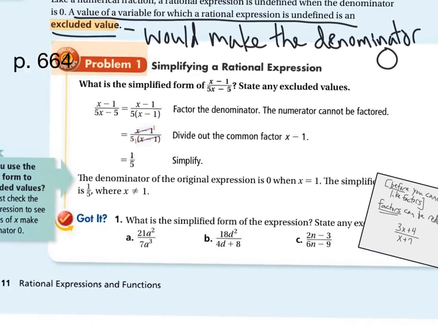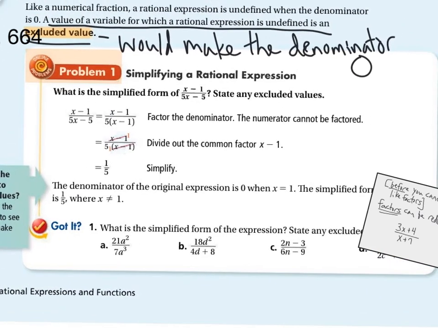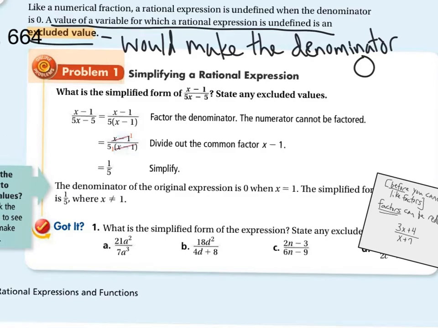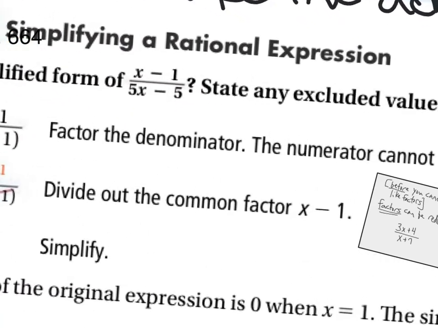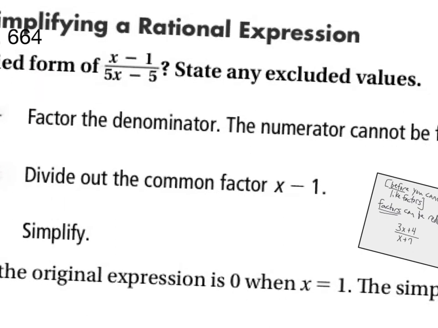All right, so if you look at problem 1, they're asking what is a simplified form and state any excluded values. So before we even get started, we can look for the excluded values. Look at your denominator, and basically we can say the denominator cannot equal 0. So it's kind of like solving an equation, only instead of equals we have not equals.